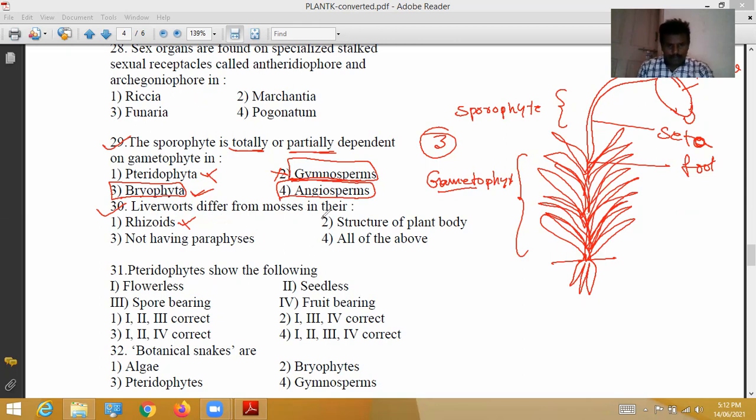Liverworts differ from mosses in which of these? Next is the structure of the plant body.